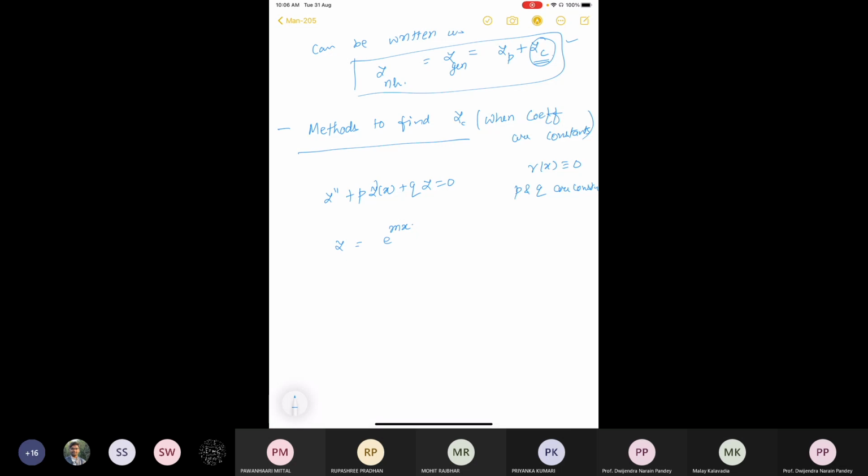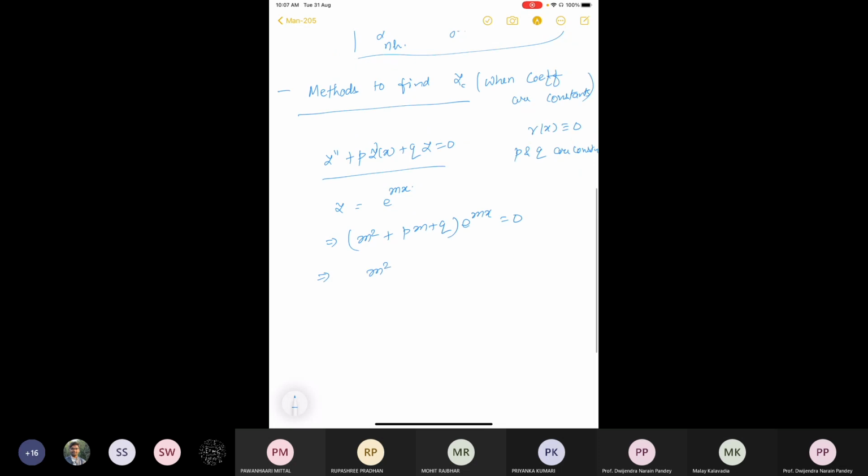Because this is the only function whose derivative is a constant multiple of itself. If we put it here, we get (m squared plus pm plus q) e to the power mx equal to 0. Since e to the power mx is not 0, we have m squared plus pm plus q equal to 0. So if m satisfies this equation, then y equal to e to the power mx will be a solution.